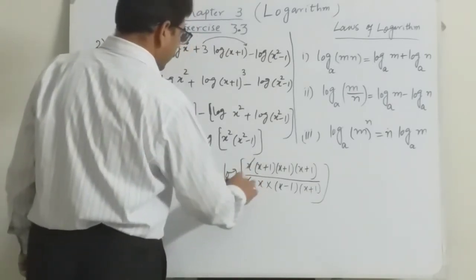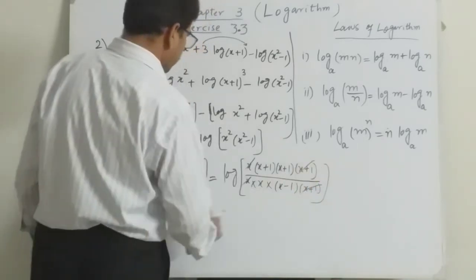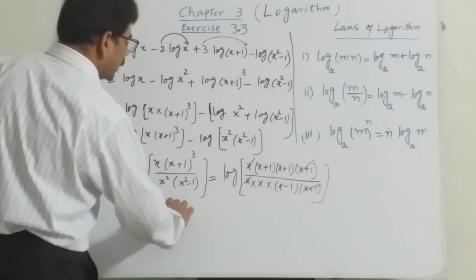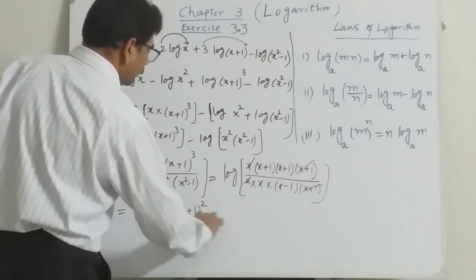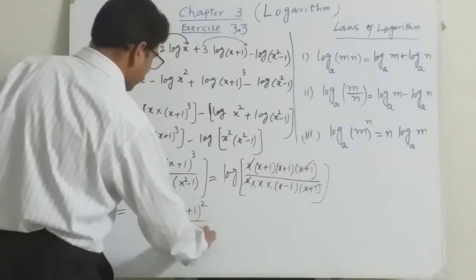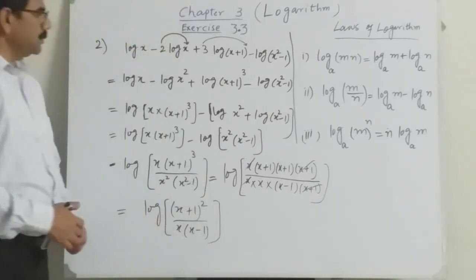Now one x will be cancelled with one x here, and x plus 1 will be cancelled with x plus 1. As a result, we have x plus 1 whole square divided by x times x minus 1. And this will be the answer to question number 2.